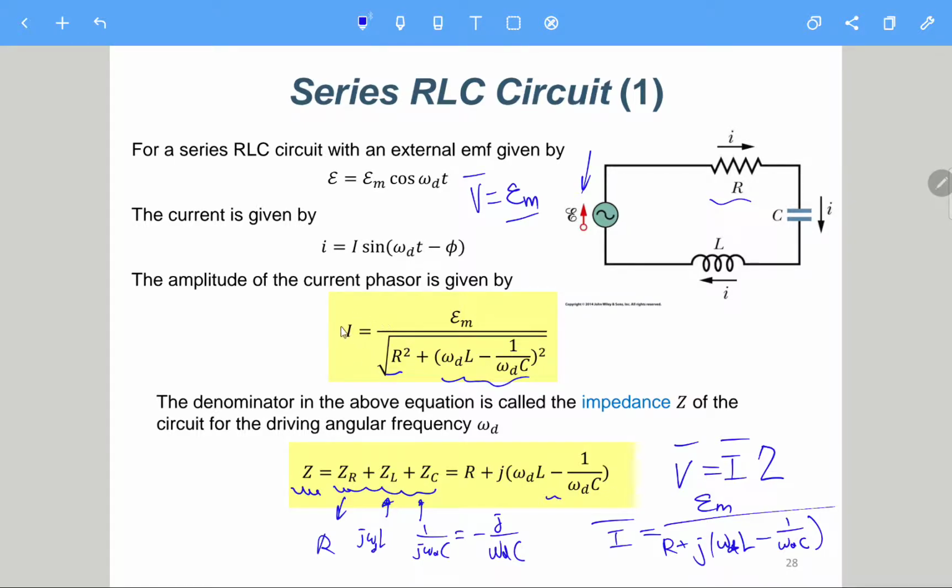So this is the amplitude, this is the original phasor. So there are some differences between them. We actually need to take the absolute value of the phasor.